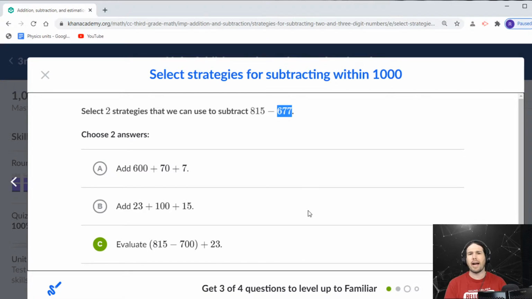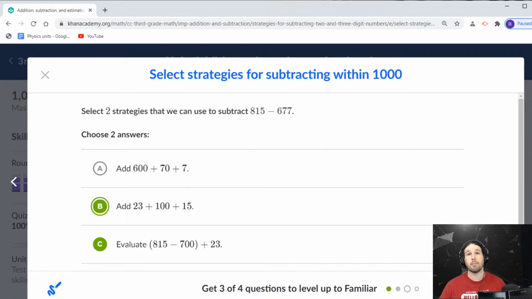But now I just feel like I am comparing my answer to these two instead of trying to see a pattern, and I disagree with it. I do not like this particular topic. I know that 815 minus 700 is 115, which is the same as 100 plus 15, so I know that B is correct even though I don't understand where they get it from.